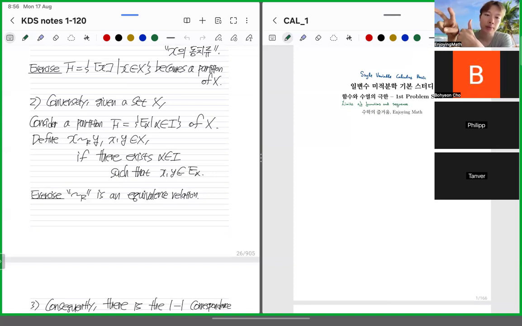If we pick two elements from E alpha, then between the two elements the relation has to hold. Even if we take the homogeneous Cartesian product of E alpha to make a relation, that's how we define a relation, and then we have to show that this relation fulfills reflexivity, symmetry, and transitivity. Is that the setting?